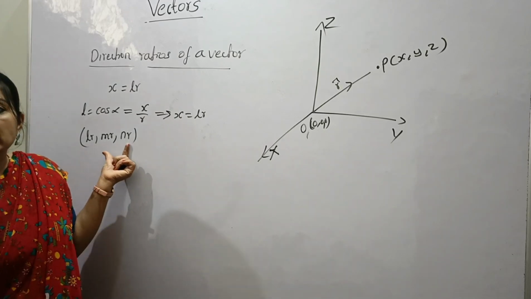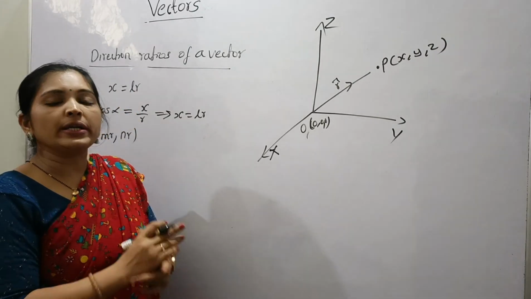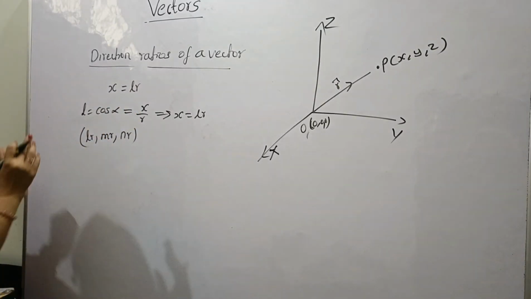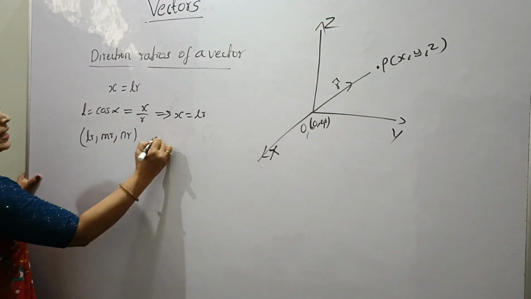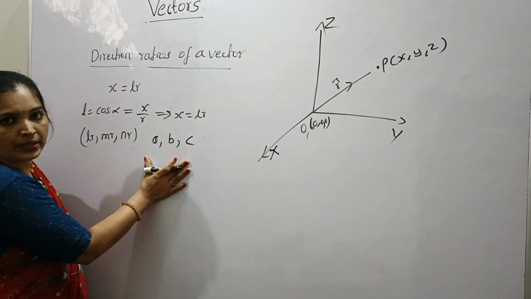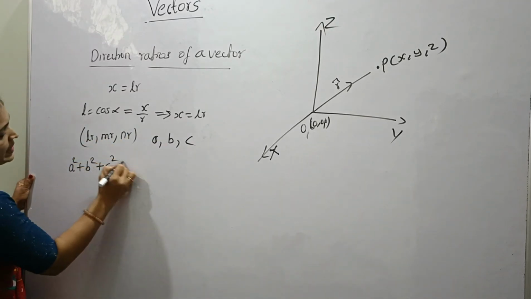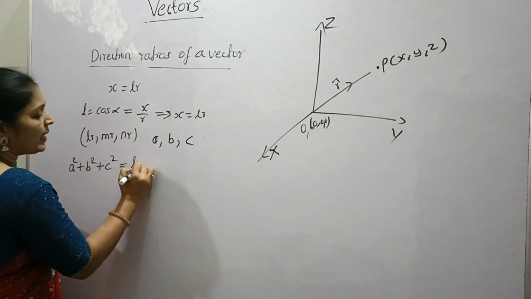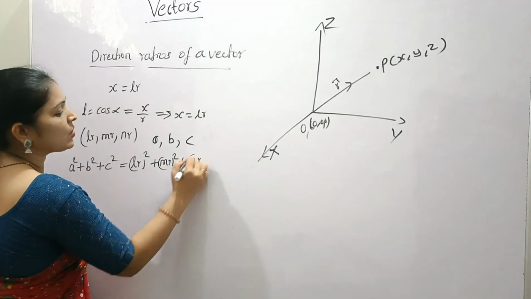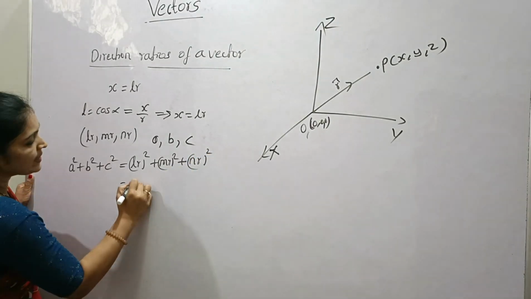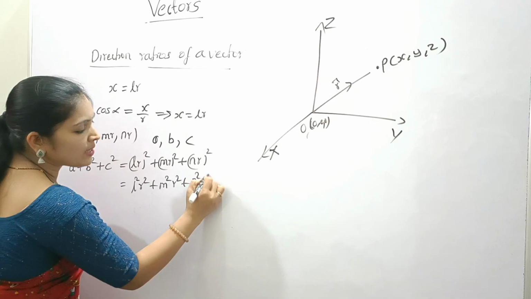That is, the numbers proportional to the direction cosines of a vector are called direction ratios of the vector, and they are usually denoted as a, b, c. Here a square plus b square plus c square is equal to (lr) whole square plus (mr) whole square plus (nr) whole square, that is l square r square plus m square r square plus n square r square.